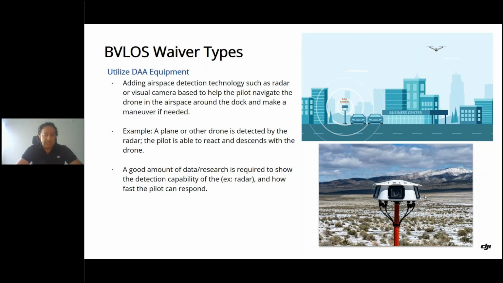So if, as an example, a plane or drone is detected on the radar, the pilot will be able to see that intruder and act upon it, like command whatever is needed. A lot of data and research is required to show that the detection capability is enough and that the performance of the system is good enough.